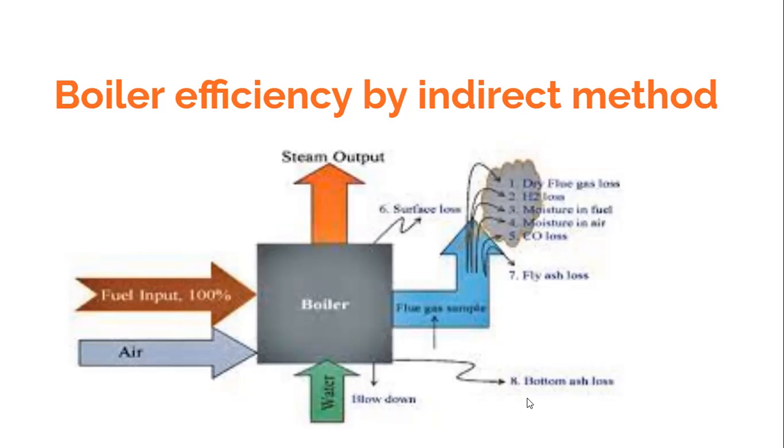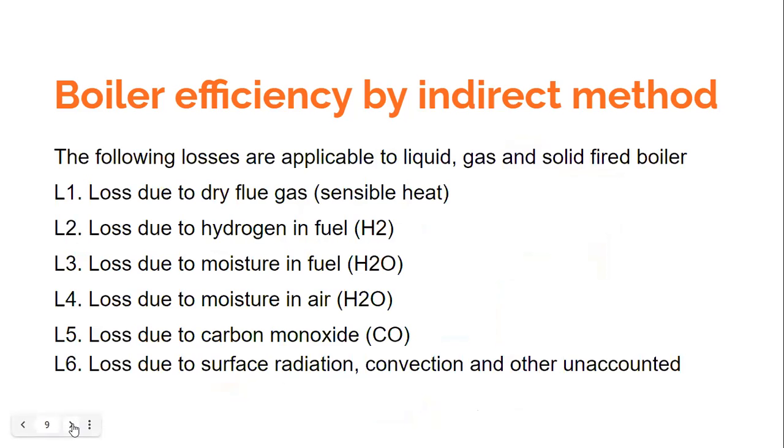So if we are in a position to measure these losses and do some preliminary calculations, and then the sum of those losses is found on a percentage basis and subtracted from 100, it would give you the boiler efficiency by the indirect method. Okay. Let me explain this in a bit more detail in the next slide. So look at the losses.